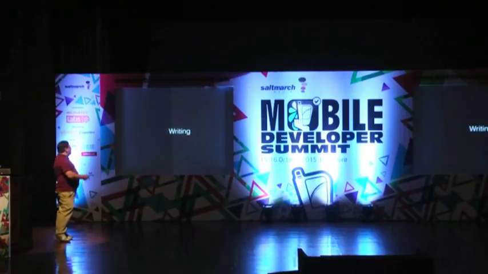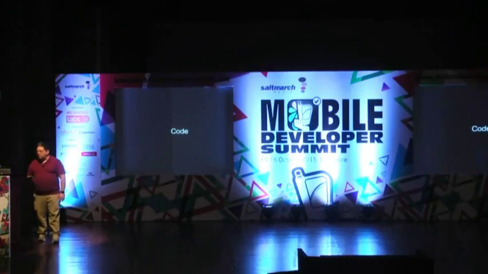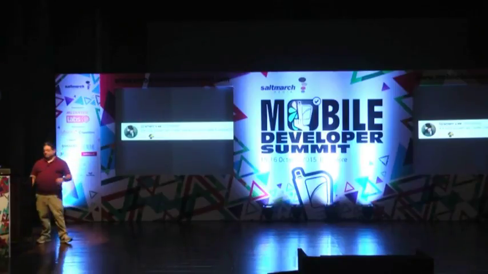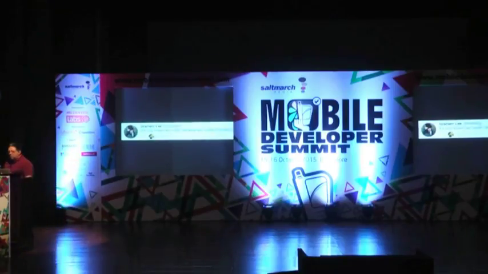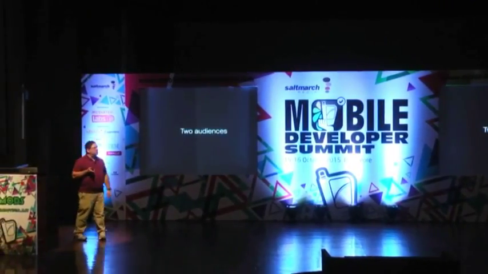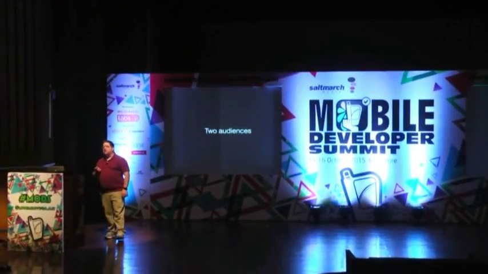This happens when we present. This happens when we write. This happens when we code. When we code, we have two audiences. And unfortunately, there are some programmers in this room who only pay attention to one of the audiences.